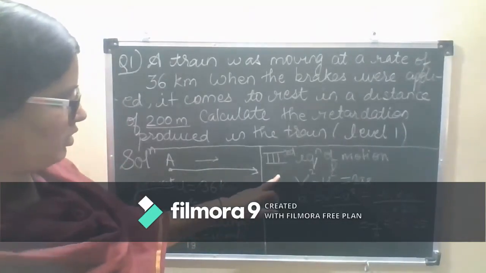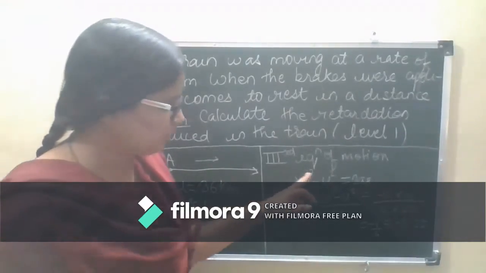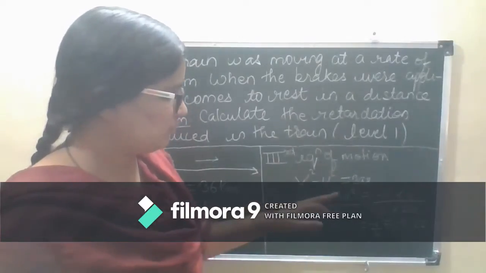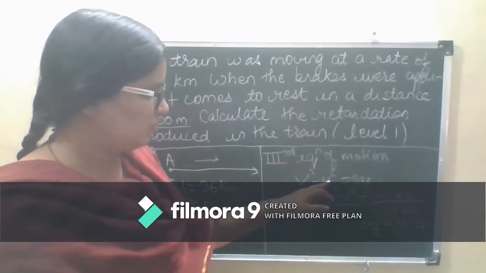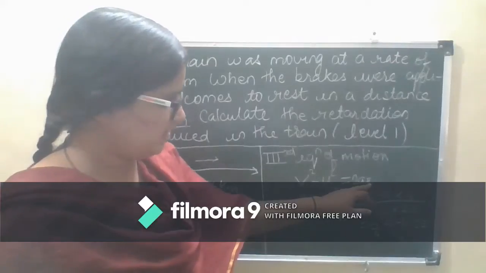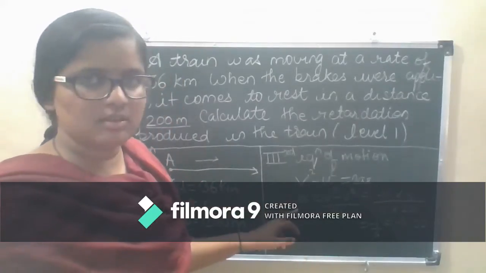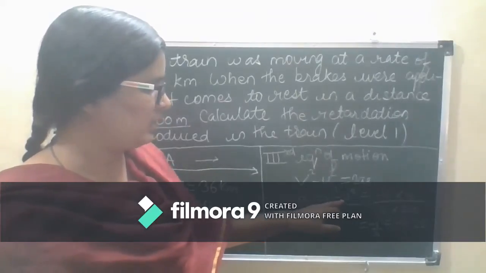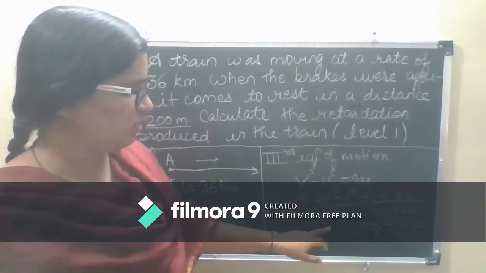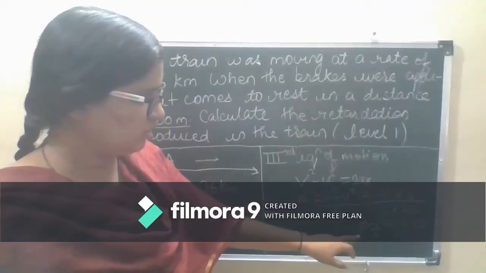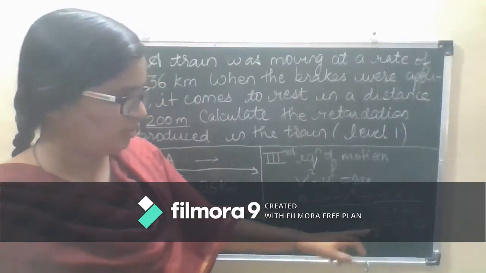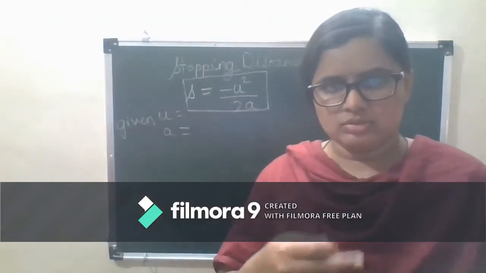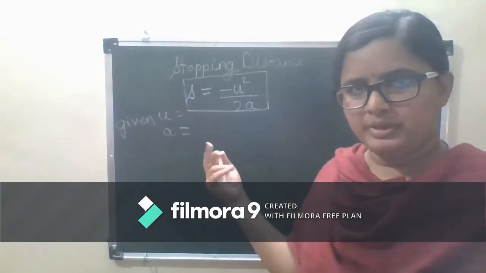Then which equation of motion? According to the third equation of motion, v square minus u square is equal to twice as. Then a is equal to v square minus u square upon twice s. Substituting the values, we get 0.25. Now consider the stopping distance.